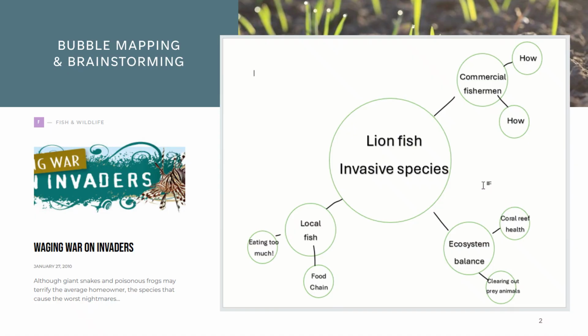to another. All right, so let's go over to commercial fishermen. So commercial fishermen, again, are the ones who are fishing for these animals, these fish, to produce product for human consumption.